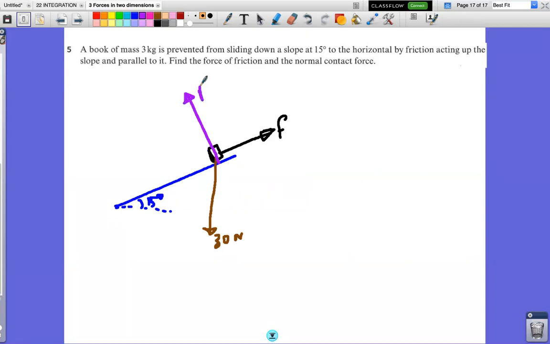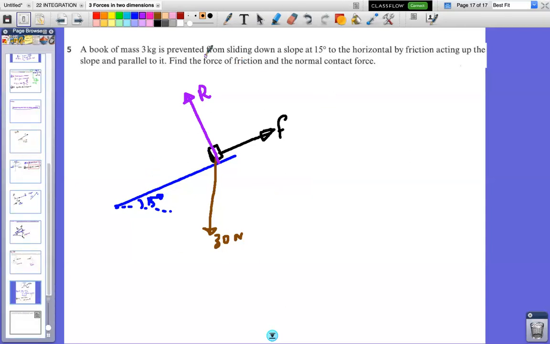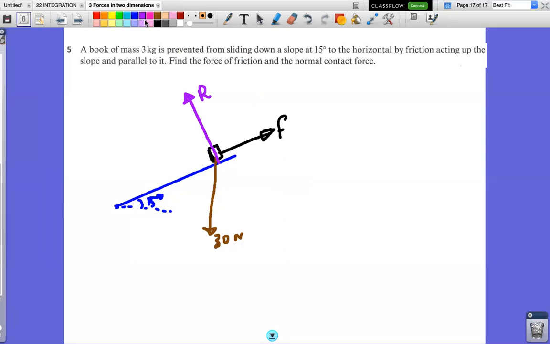The normal contact force is R. So what we should do here is simply to resolve the weight. In this inclined plane problem, it is almost always the weight that is resolved.